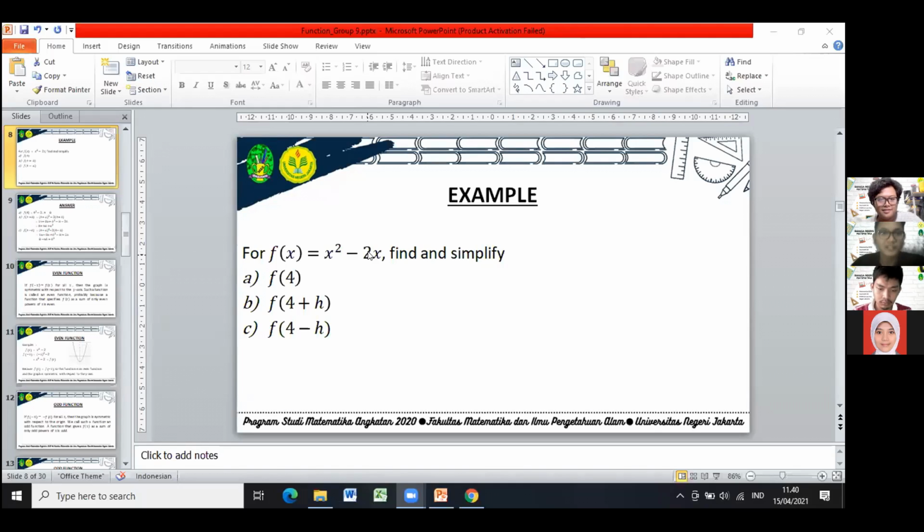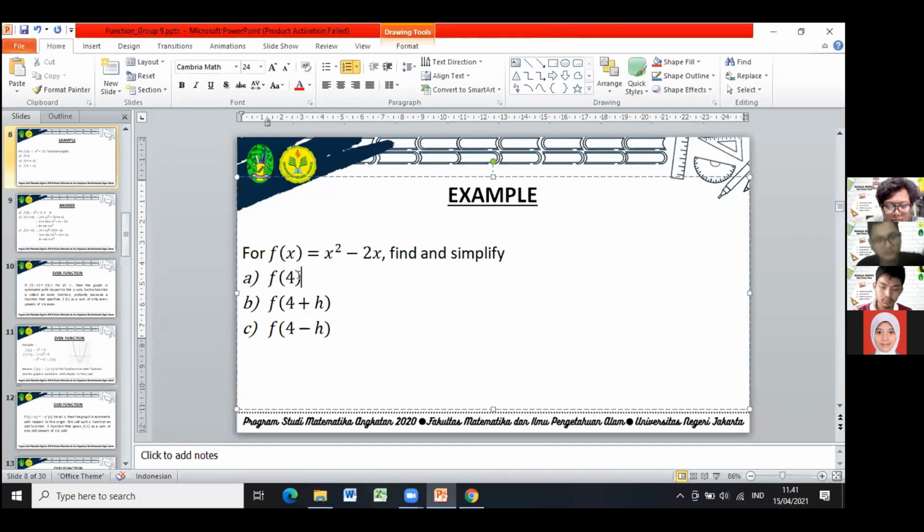Are they the same or not? Because in equation A, we only have the value f at 4.